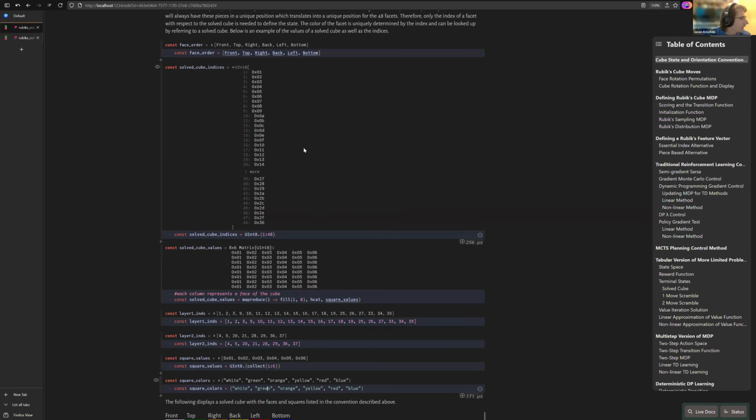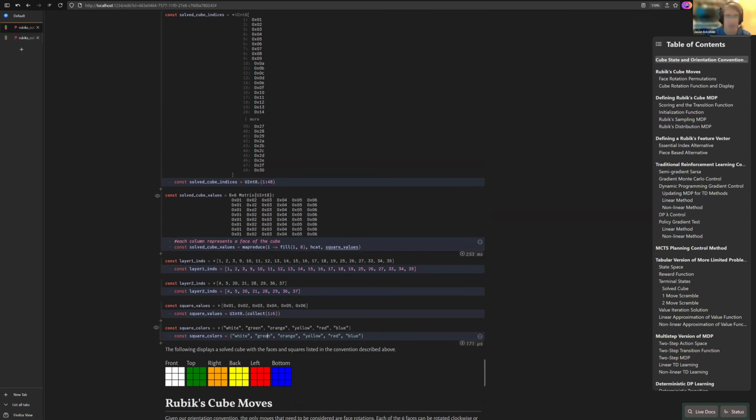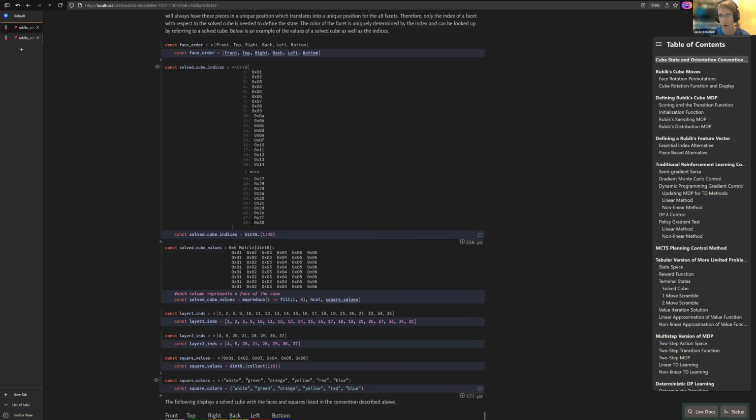And then these are the solved cube values. So this is if you want to actually render the cube. These are what the values should be when the cube is solved, and these are what the indices should be. So every square, every facelet is in its proper place, all 48. Now, if you think about a cube that's scrambled, we can write it out in the same way, and we would just permute these indices around.